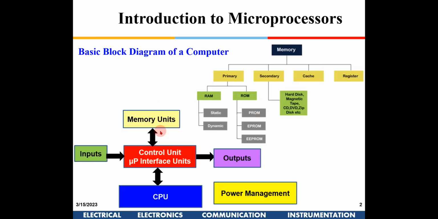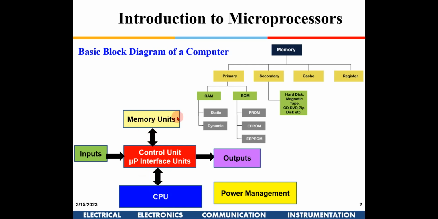So last class we discussed that for any computer, whether it be a desktop or a laptop, the heart of the system would be a CPU, central processing unit, or a microprocessor. Then you require certain inputs, which could be in the form of a mouse, a keyboard, or a mic or a camera, which provide various inputs through an interface unit, and those inputs are given to the CPU.